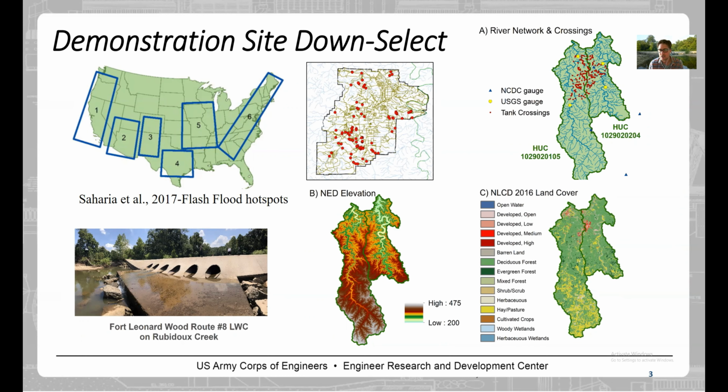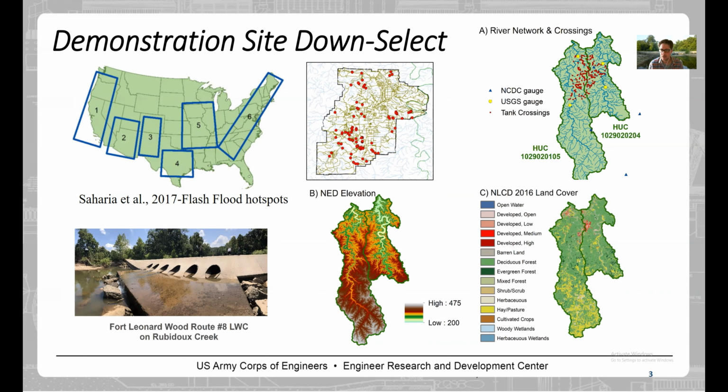We also needed installations that had demonstrable infrastructure, for example, installations with low water crossings, or range infrastructure that was at risk due to flash flood events, or that had damage due to flash flood events in the past.